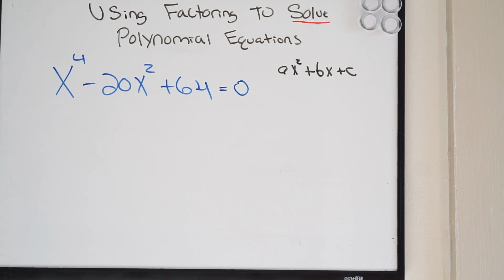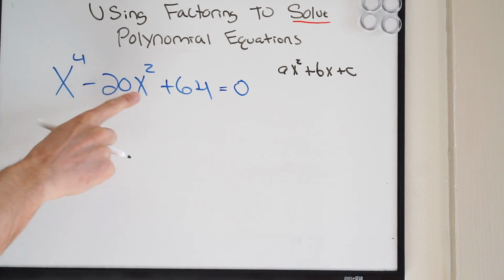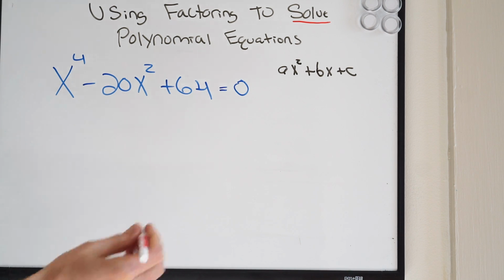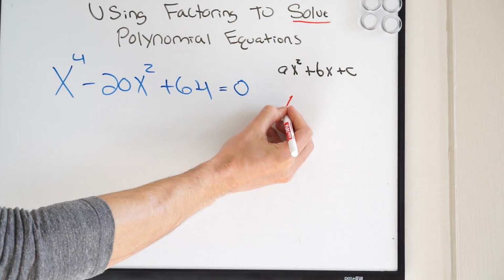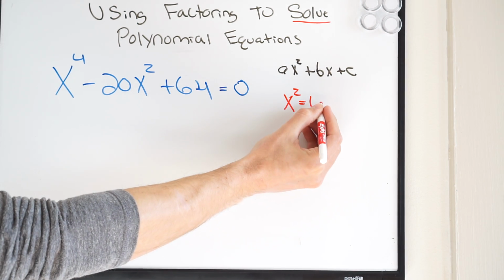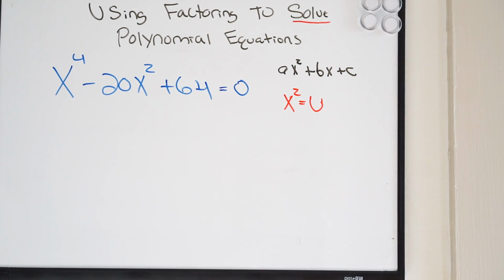All right, so what I want you to think about here, notice I have x to the 4th, x squared. I'm just going to give x squared a value here. So follow along. I'm going to say that x squared equals u. I'm going to go ahead and plug this in now.